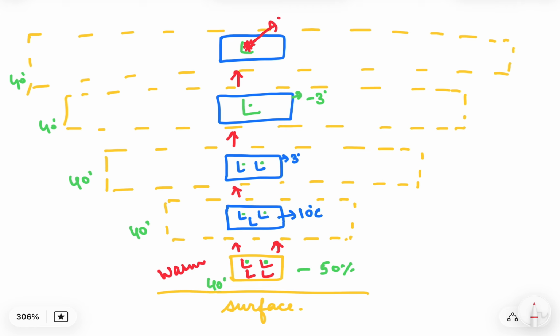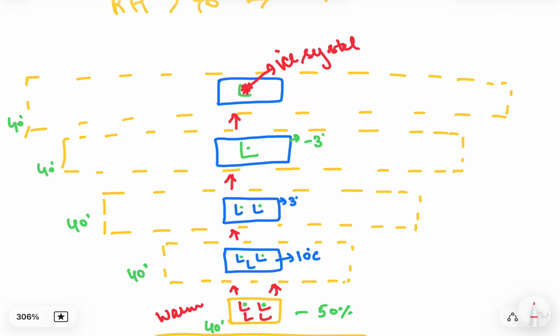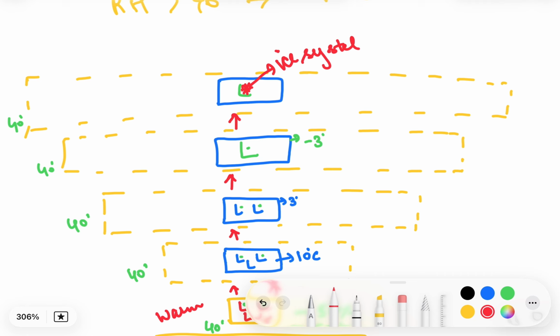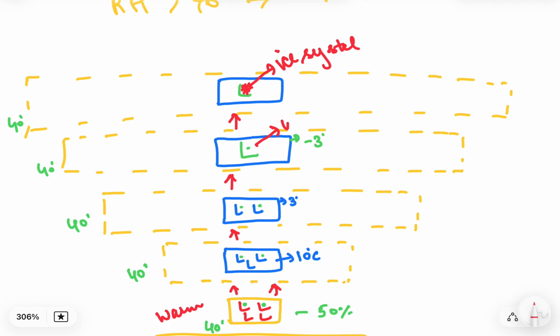It will form the ice crystal. And here water vapor will turn into the water drop.